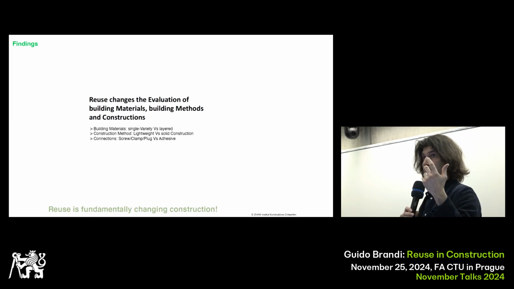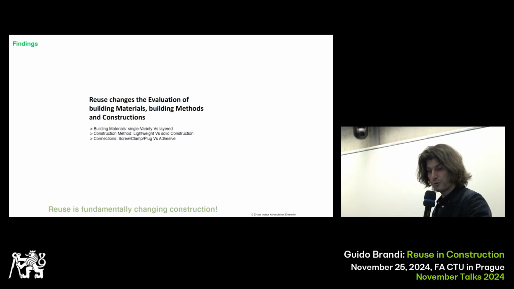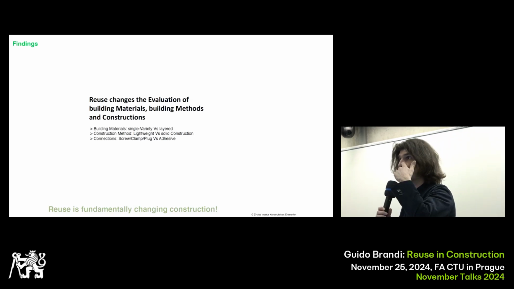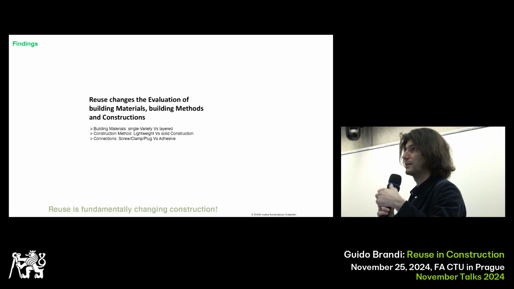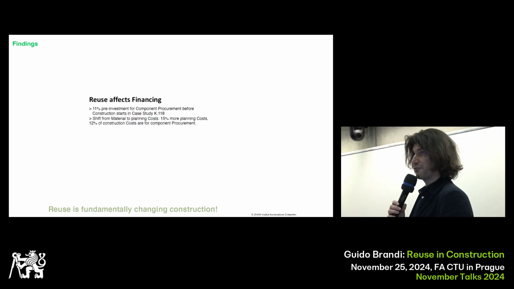Of course, construction methods change. Reuse, or circular construction, means working with light materials instead of solid, heavy material. And the connections are screw, clamp, plug, instead of adhesive, instead of gluing things together or welding metal together. Reuse affects financing.